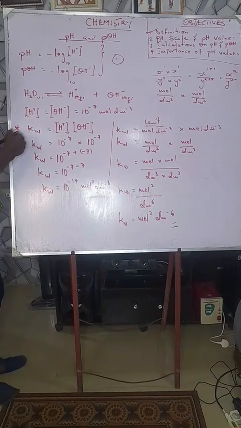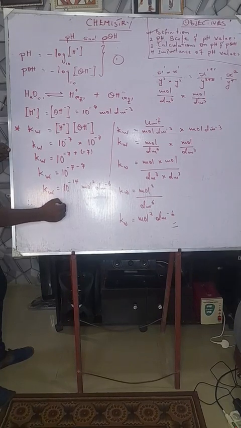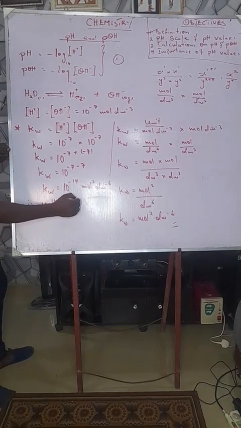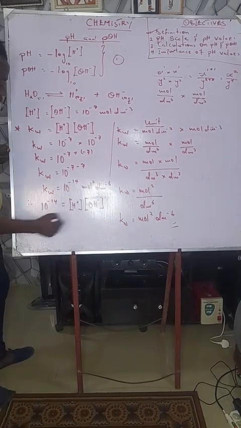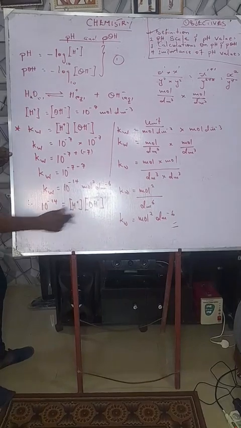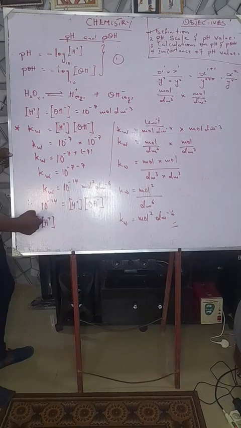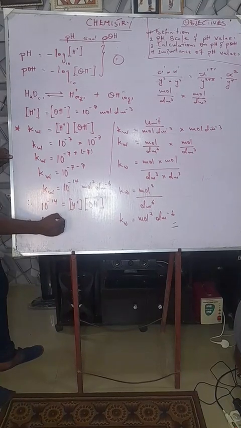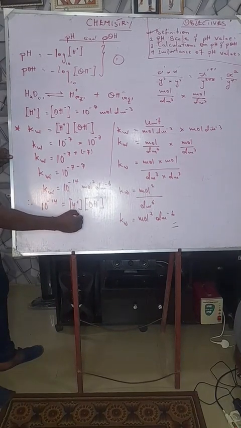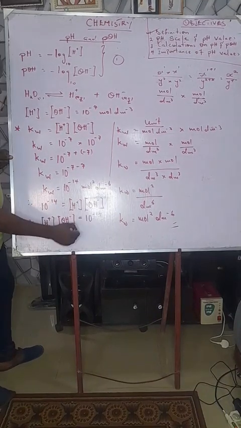So instead of writing this one, I can say therefore 10 raised to power of minus 14 is equal to the concentration of hydrogen ion and concentration of hydroxide ion. Or I can start with this one. Concentration of hydrogen ion and concentration of hydroxide ion equals 10 raised to power of minus 14.